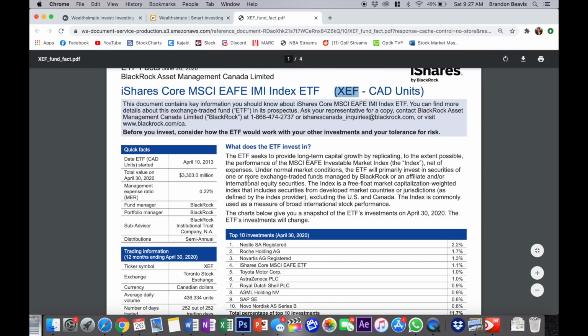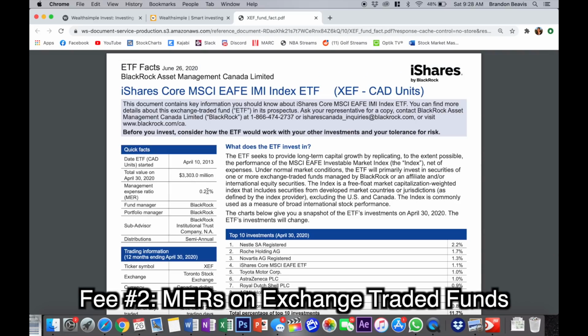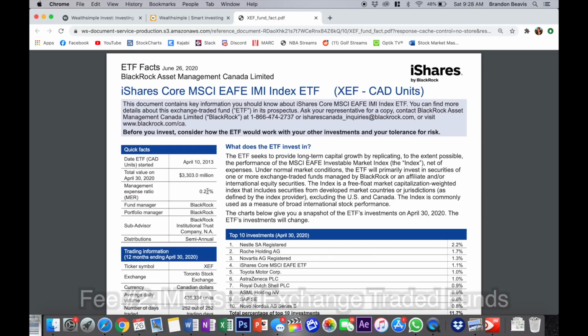XEF, so the ETF that Evan owns, charges a management expense ratio of 0.22%. So this is the second fee that you'd be paying on the actual amount of money that you have invested in this fund. So let me be clear on that.